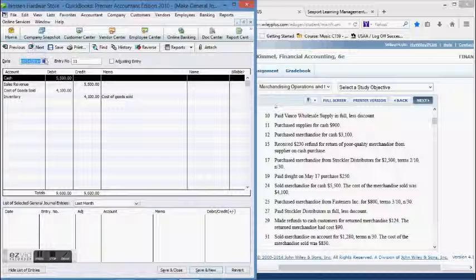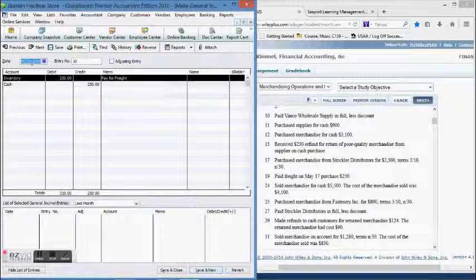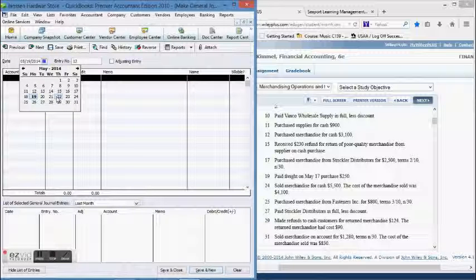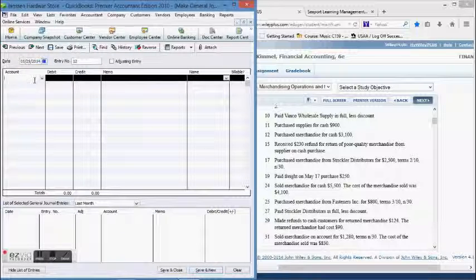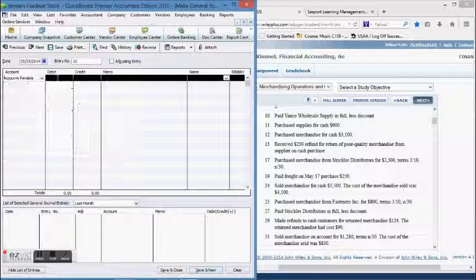Always remember the date. Date is important. Mentioned earlier, I'll forget it sometimes. Keep in mind, in real life, you'll be doing this per day that it happens. You won't be fulfilling a month worth of journal entries in 20 minutes.